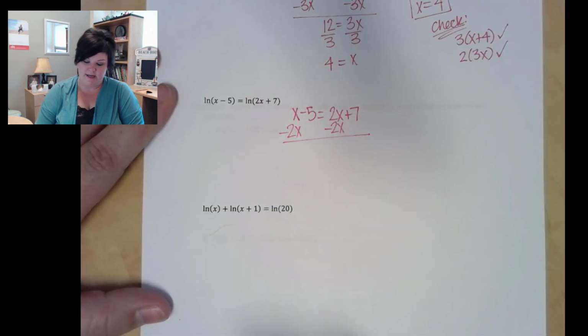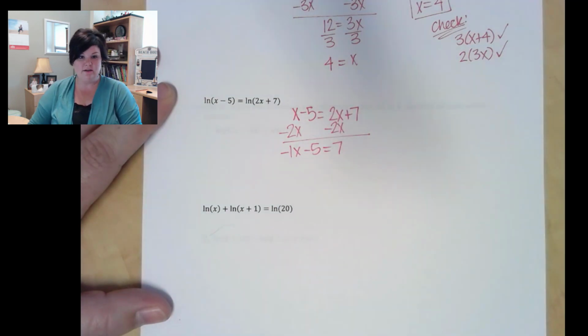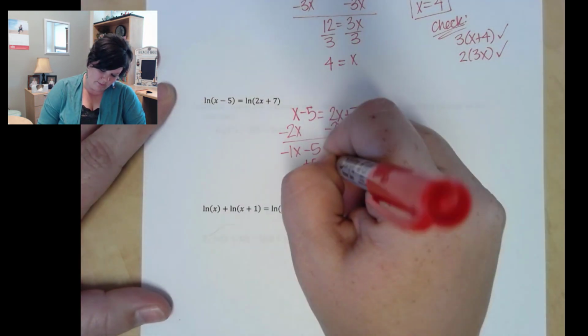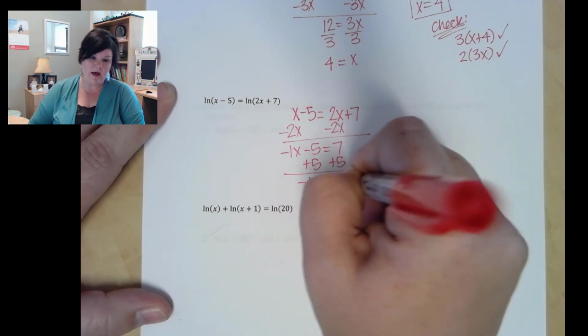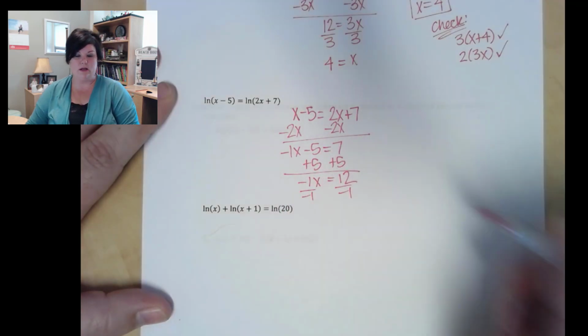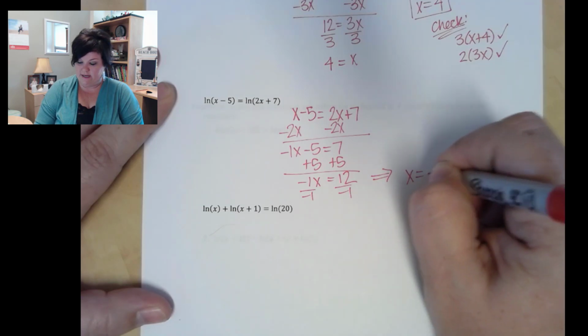I'm going to subtract 2x, which gives me negative 1x minus 5 equals 7. Move my 5 over to the other side by adding. So I get negative 1x is equal to 12. And then the last thing I do is divide off my negative 1. Okay, so I end up with x is equal to negative 12.